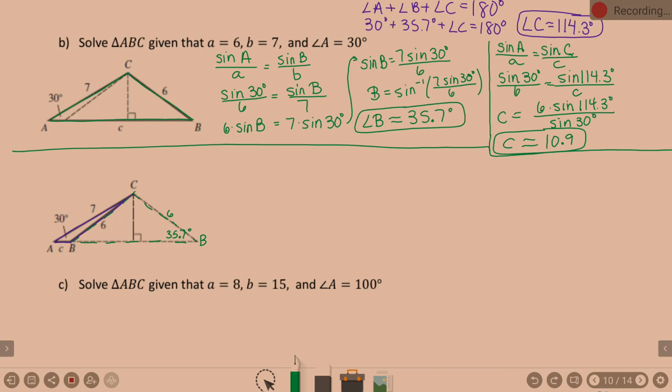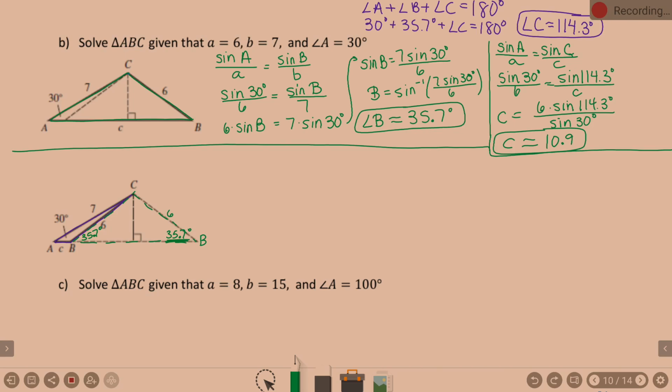This right side is side 6. And what about this left side? It's side 6. If those sides are the same, the angles opposite them are going to be the same. So if this is 35.7 degrees, this piece right here is 35.7 degrees.